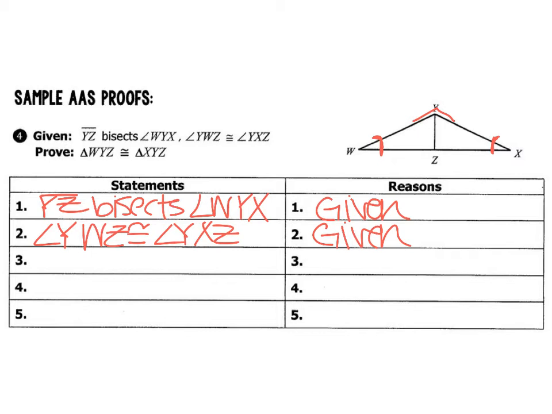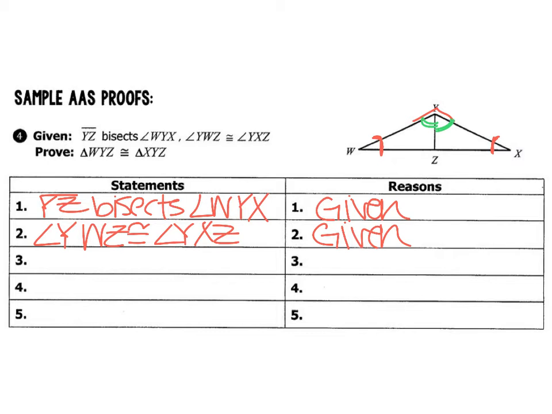Then, YZ bisects WYX. All right, so we know if YZ bisects this angle, that means that this angle is going to be congruent to this angle because that is the definition of an angle bisector. It cuts the angle in half.